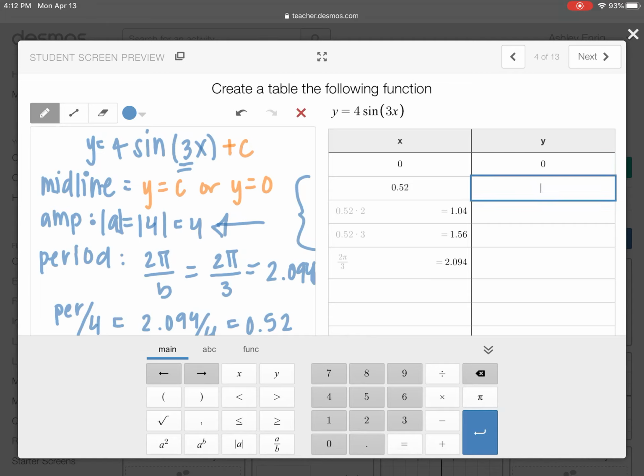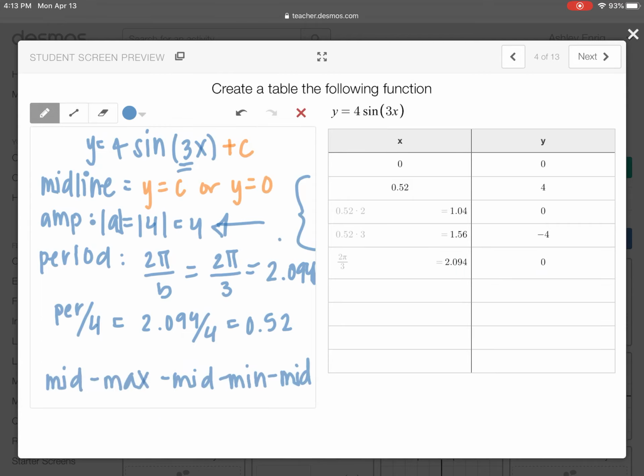The next point we go to our max, which is 4 above our midline, which is just 4. Then we go back to our midline, which is 0. Now we go down to our minimum. If we're going below 0 by 4 points, that's going to give us -4. And then we go back up to our midline.